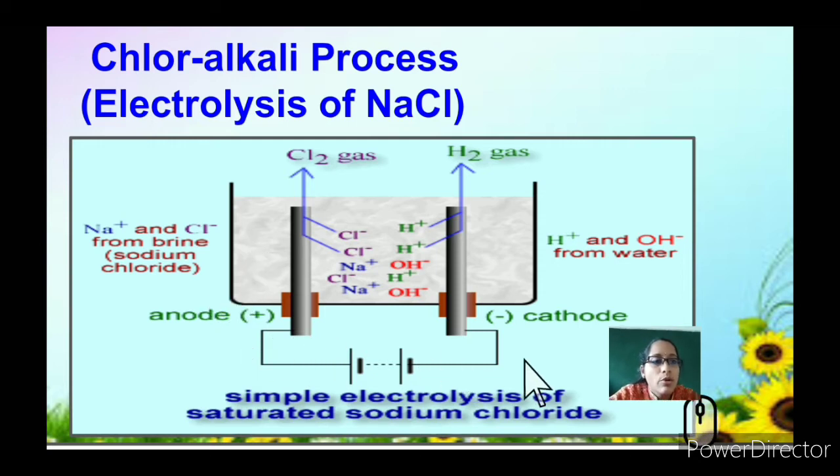Thus it forms sodium hydroxide, and chlorine is the gas released from the anode, hydrogen is the gas released from the cathode, and the byproduct, that is sodium hydroxide, is formed from the NaCl salt solution.